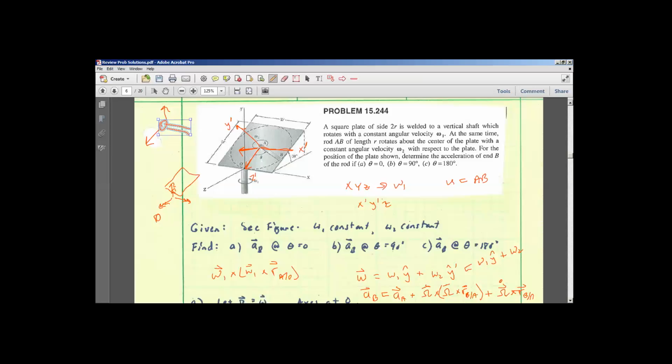Okay. The answer is 42, right? For all of them? Exactly. 0.4. 3 significant digits. Okay.